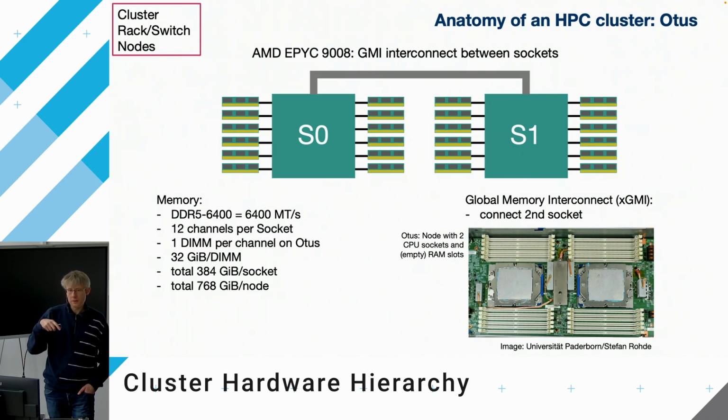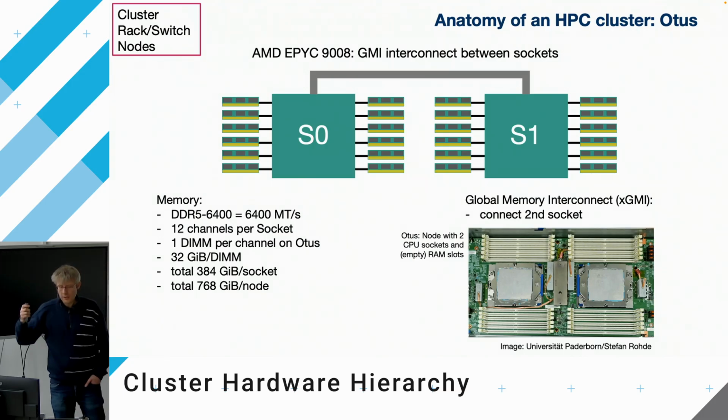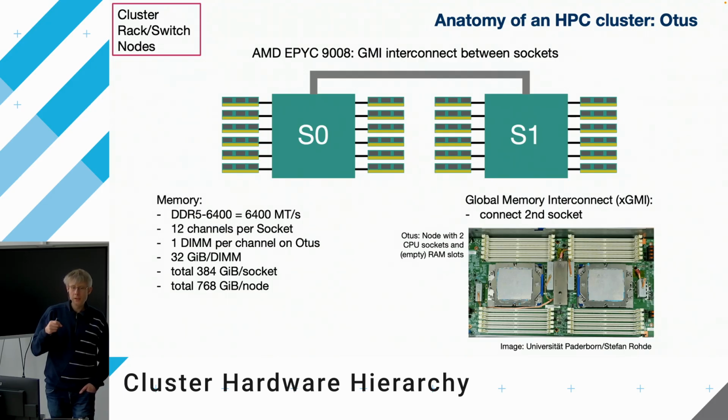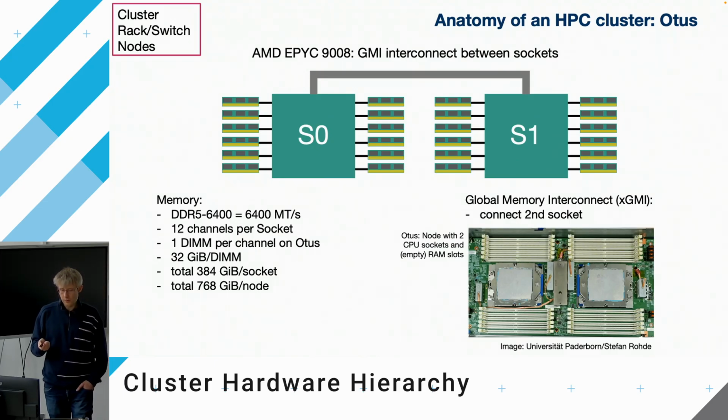It is very similar, but there are other CPUs. The question was if the setup is the same as in Noctua 2. So we have different CPUs on Noctua 2. They are AMD Zen 3 CPUs, but they are also basically server grade CPUs. And as we will see on Autos, we have 96 cores per CPU, and on Noctua 2 we have 64 cores.